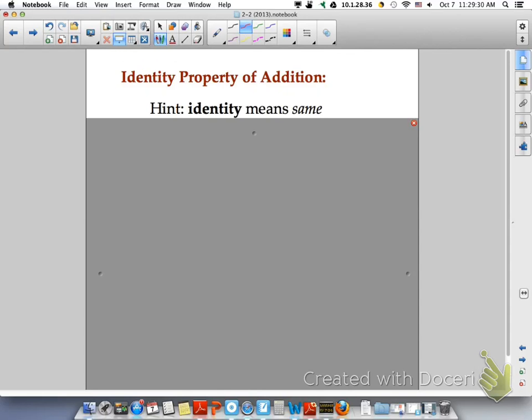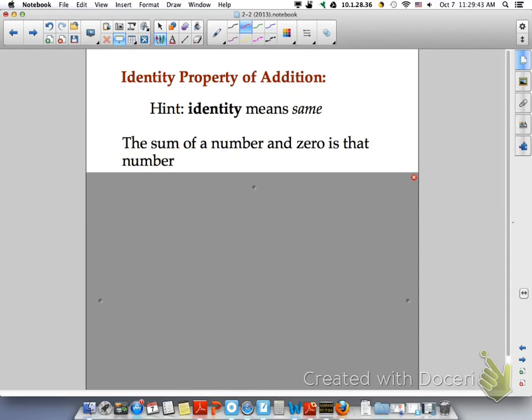The operation is addition. So what should I add to a number to get the same number? Molly? Zero. So this property states that the sum of a number and zero is the number itself.